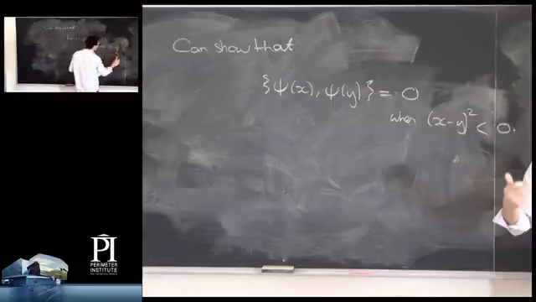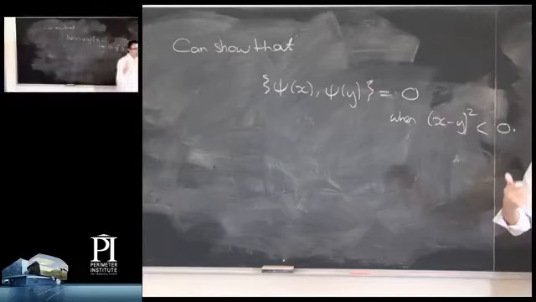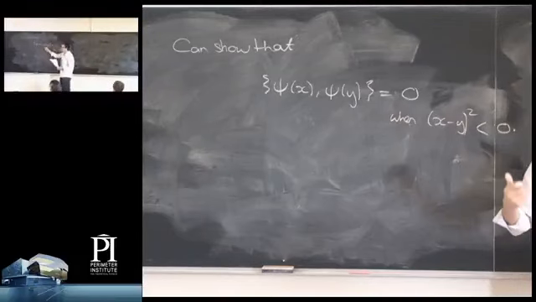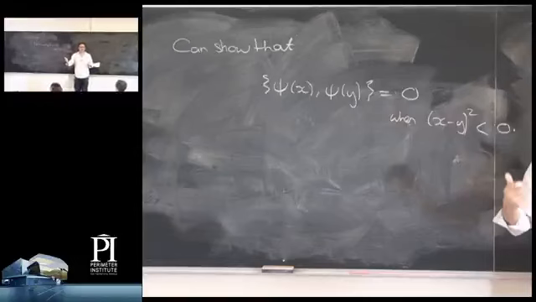All of these things I'm encouraging you to do are in the notes in glorious detail, and it is worth working through them. You can show that these fields in the Heisenberg picture have this special property at space-like distances, but they don't commute with each other. In fact, they anti-commute with each other.